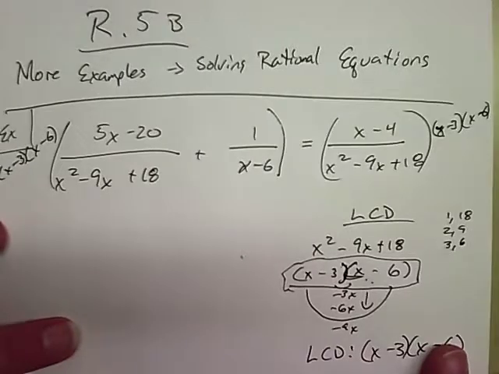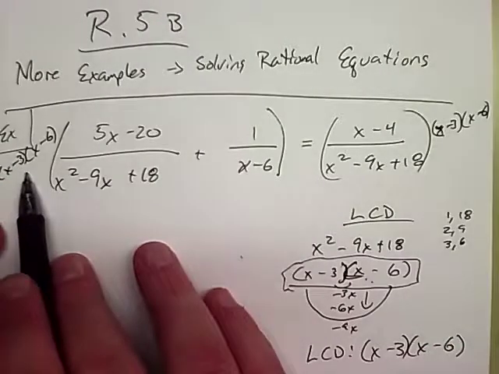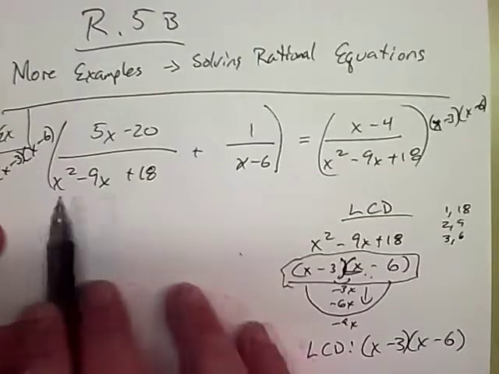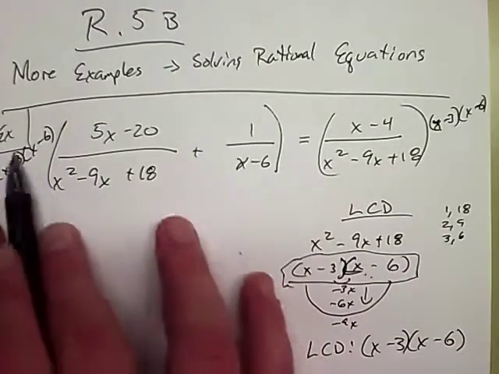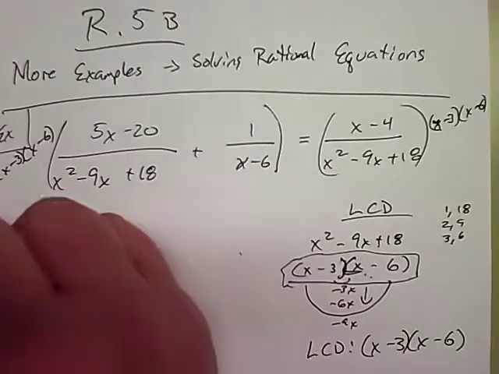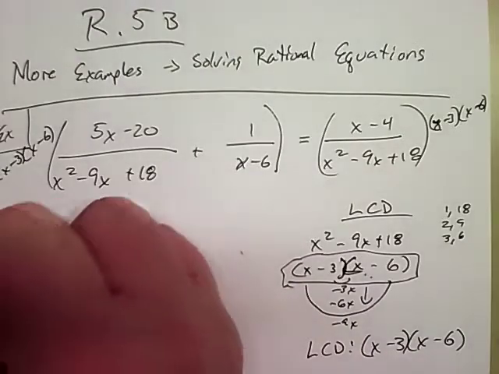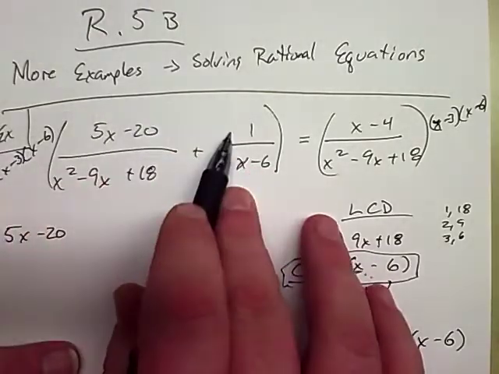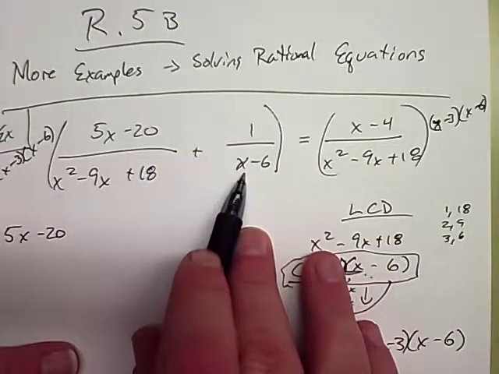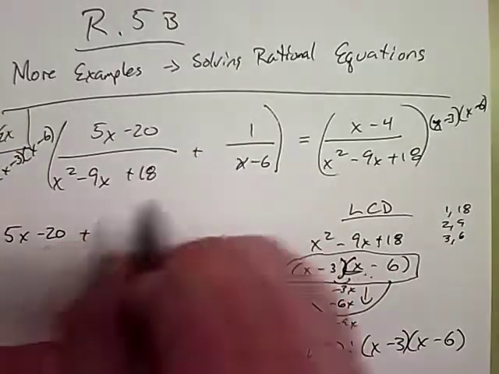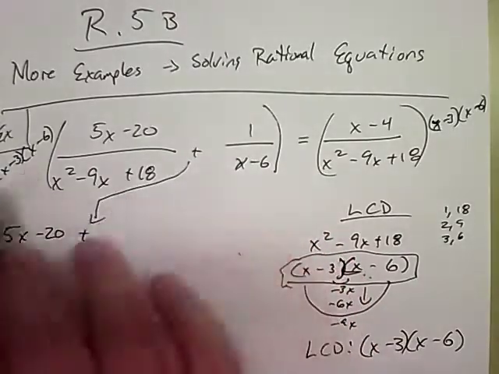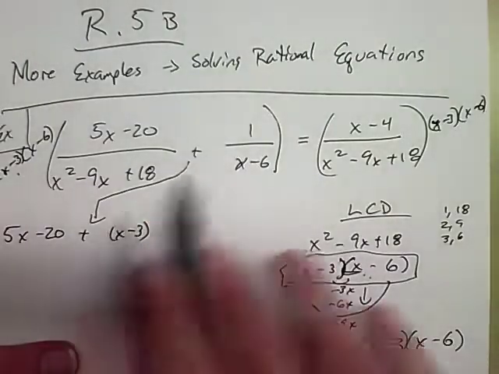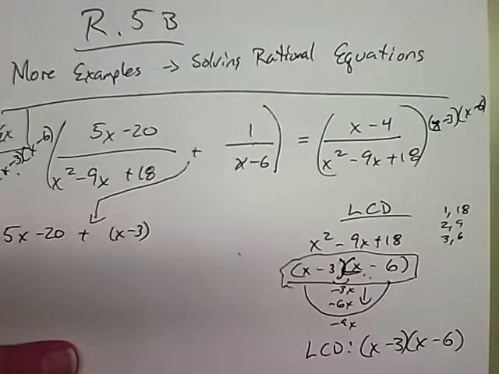Here's what's really cool. I distribute on the left side: x minus 3 times x minus 6 is x squared minus 9x plus 18, so those cancel, and I have 5x minus 20. Distributing to the next term, the x minus 6 cancels with the x minus 6, and x minus 3 goes in, so x minus 3 times 1 is just x minus 3.